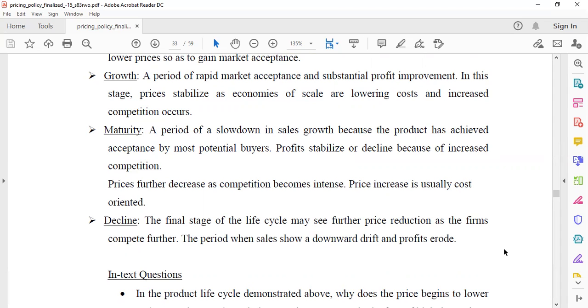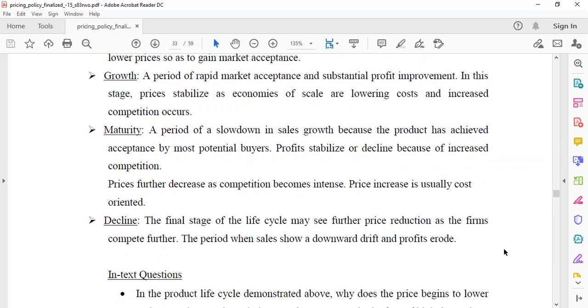As the competitors have filled the market, sales growth begins to slow down because the product has achieved acceptance by most people who are supposed to buy them. Profit also stabilizes, or in some cases declines because of competition.